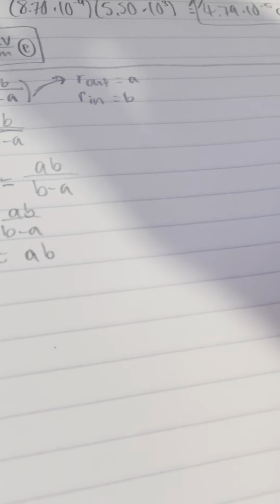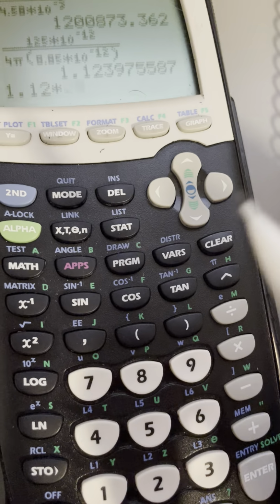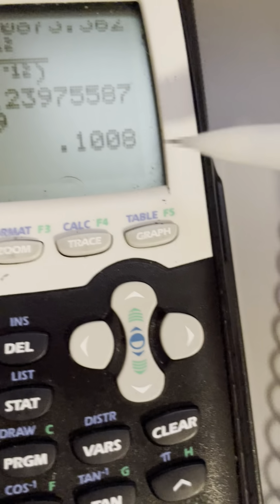Yeah, so that's going to be B. Rn is B. And so we can plug in values. So we get 1.12 times 0.09. We get essentially 0.1. 0.1 minus 1.12A equals A times 0.09.